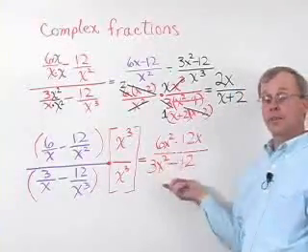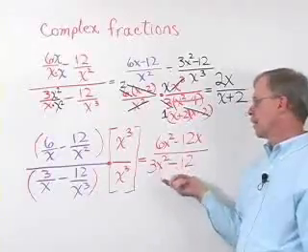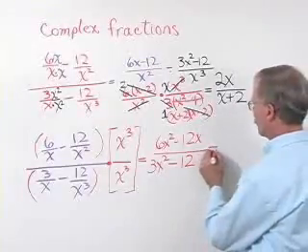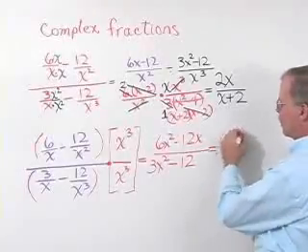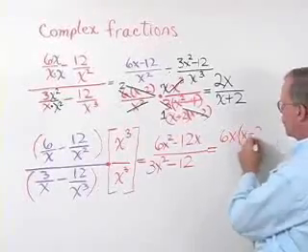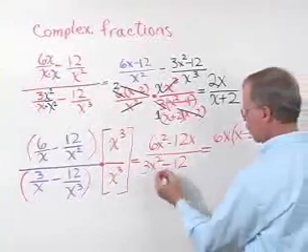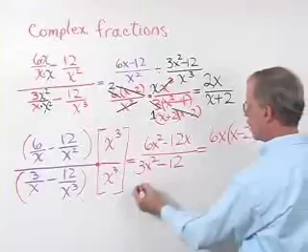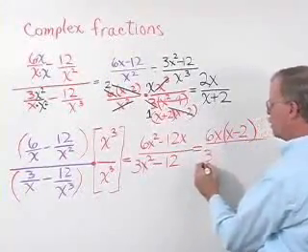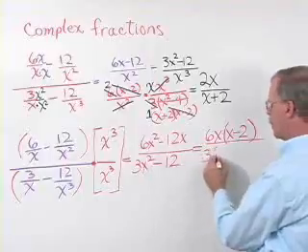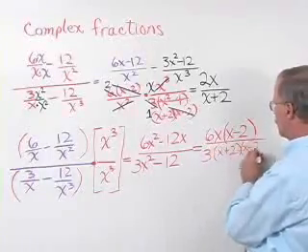So now we have a simple fraction, but we don't know whether it's in lowest terms until we go ahead and factor. So we'll do that, and it looks like we can factor a 6x out here, leaving us with x minus 2. And here we'll pull out a 3, and we'll get the same factoring we had before. 3 times x squared minus 4 is x plus 2, x minus 2.